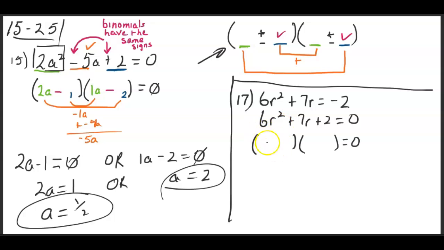So when we think about the 6r squared, clearly there's an r times an r. But when we think about 6, there could be a 2 times a 3, and there could be a 6 times a 1, right? Those are two options to get 6 for the 6r squared, okay?